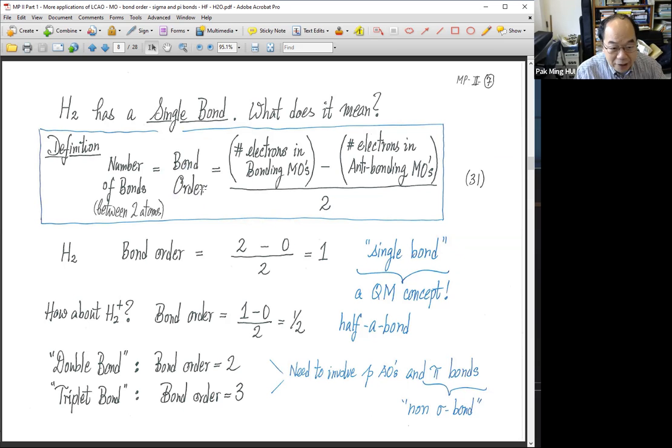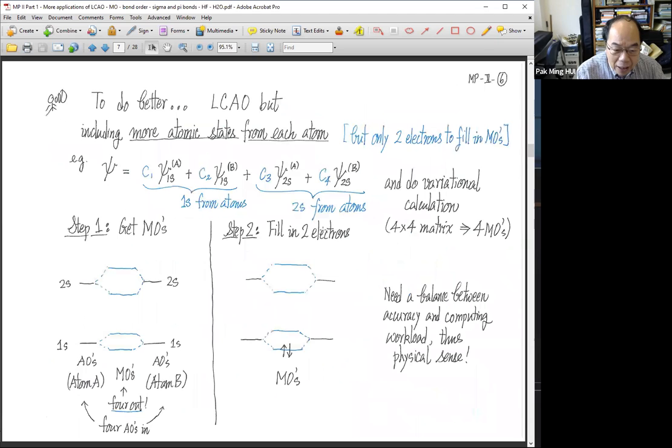So what does it mean by bond order? The definition is as follows. After you fill in the electrons, you count how many electrons are in the bonding orbitals. Then you count how many electrons are in the antibonding orbitals, you take the difference and then divide it by 2. This is divided by 2 because a bond is shared between 2 atoms. So let's count hydrogen.